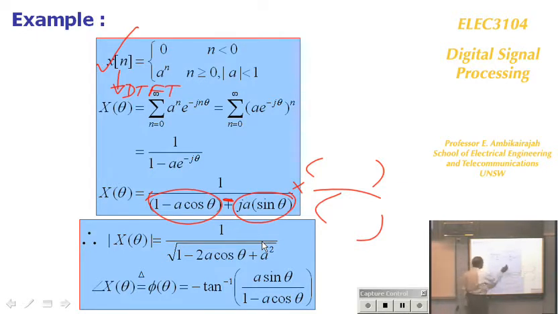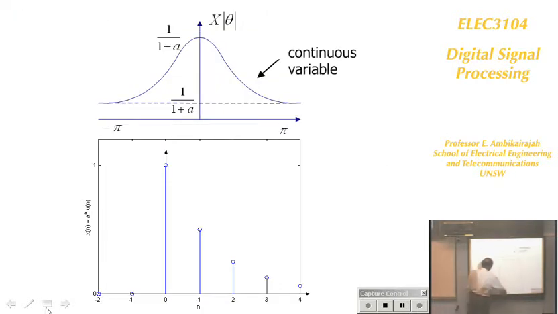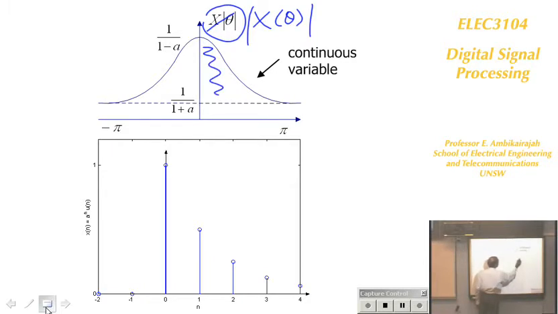And if you plot this, it tells you the next stage. If you plot the graph, the modulus value, the magnitude value, that's modulus of X theta, which is 1 over 1 minus a at that point. So this is the theta axis. This looks like a low pass filter.